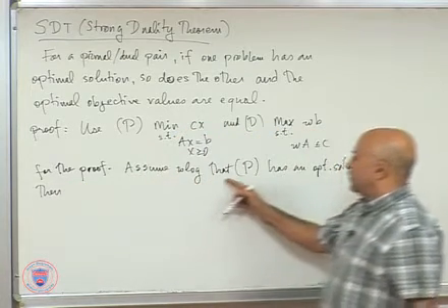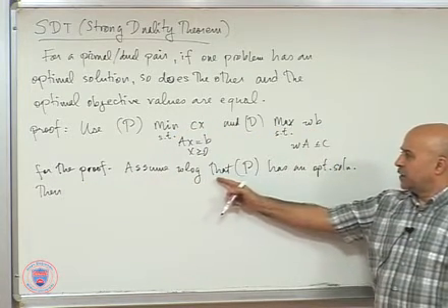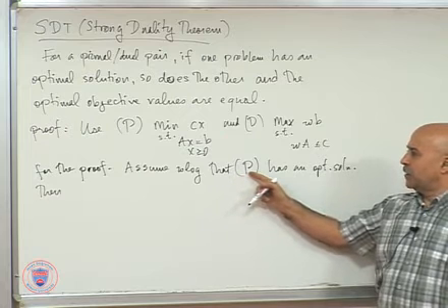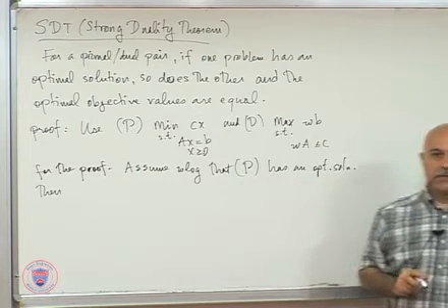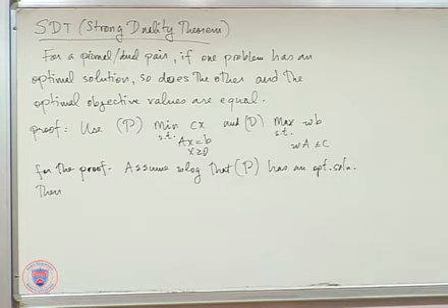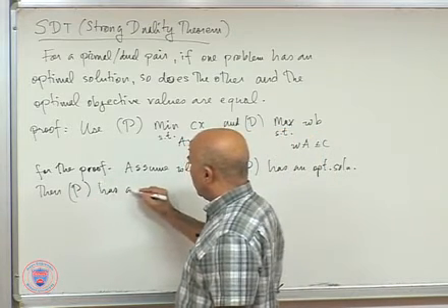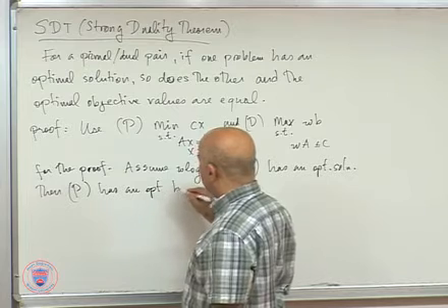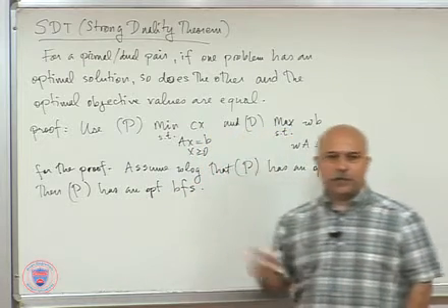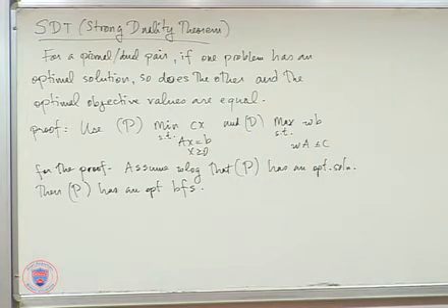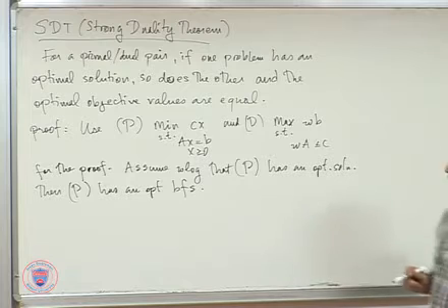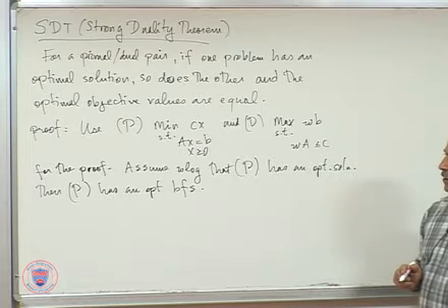So, by the fundamental theorem of linear programming, whenever a problem has an optimal solution, it also has an optimal solution which is basic feasible, or which is an extreme point solution. So then P has an optimal basic feasible solution. So I'm going to base my argument on an optimal basic feasible solution whose existence is guaranteed.